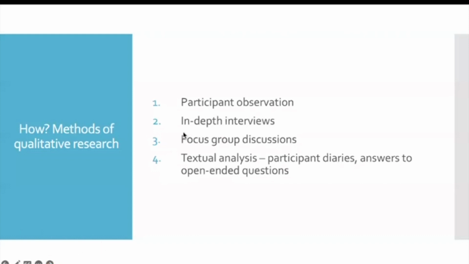They are participant observation, in-depth interviews, focus group discussions, and textual analysis on written documents of participants, right? So we will have a look at all four of these data collection methods.